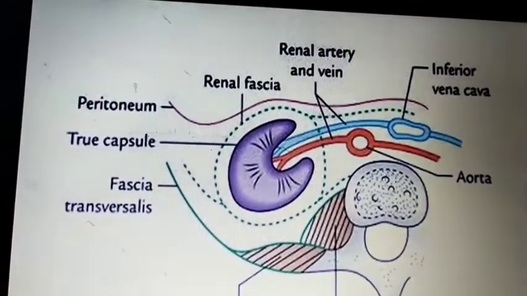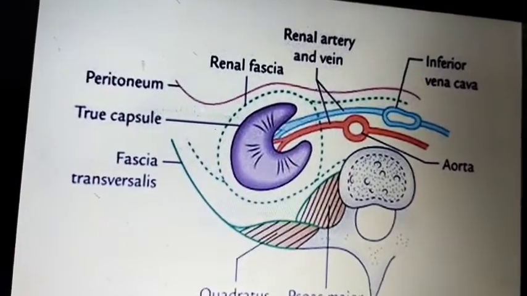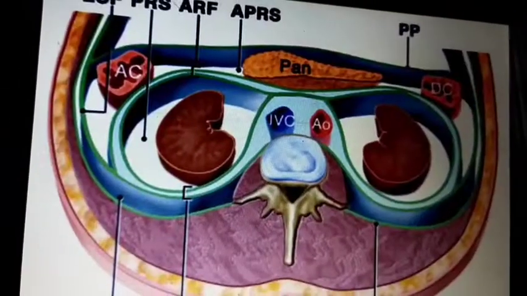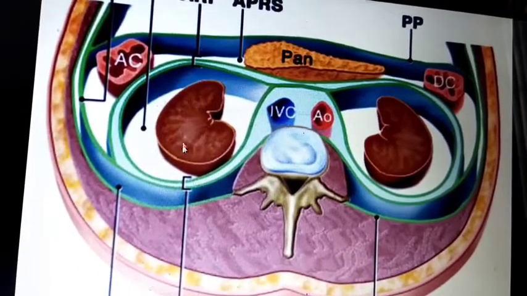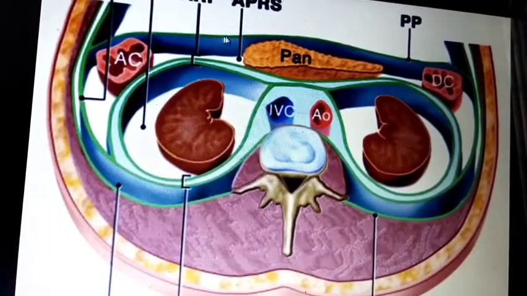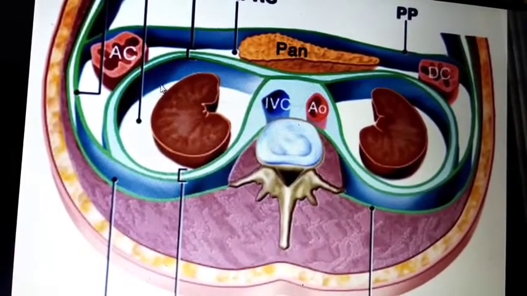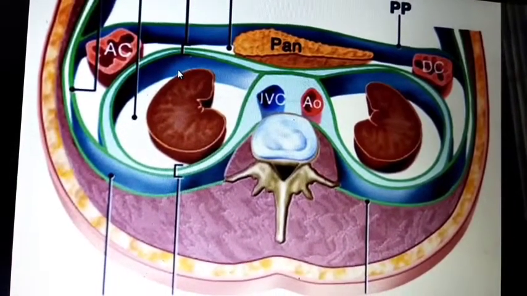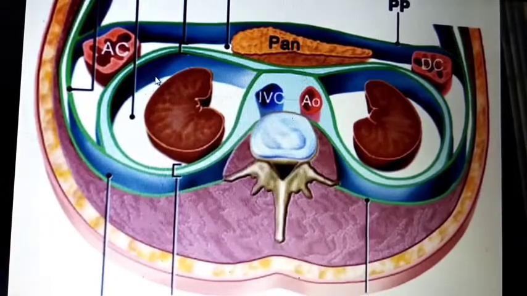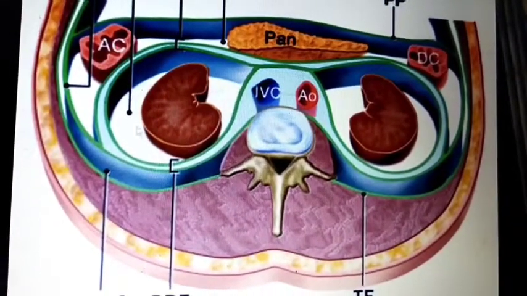Because of the true capsule and false capsule, the kidney is movable. You can see in this picture, this is a kidney, this is a peritoneum, and this is the perirenal fat.